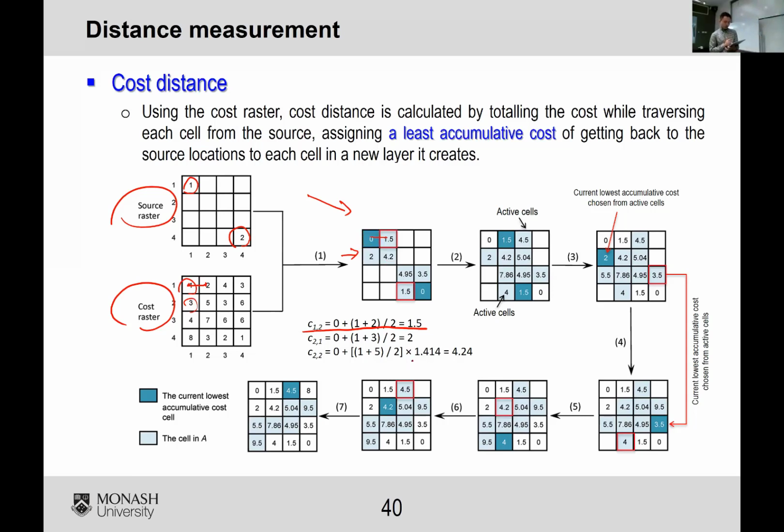So here we're using the square root of 2 multiplied by the sum of these two values divided by 2. So now the values on these 3 cells represent the least cumulative cost to travel from the source location to these 3 cells. We can repeat the calculation for the rest of these cells.